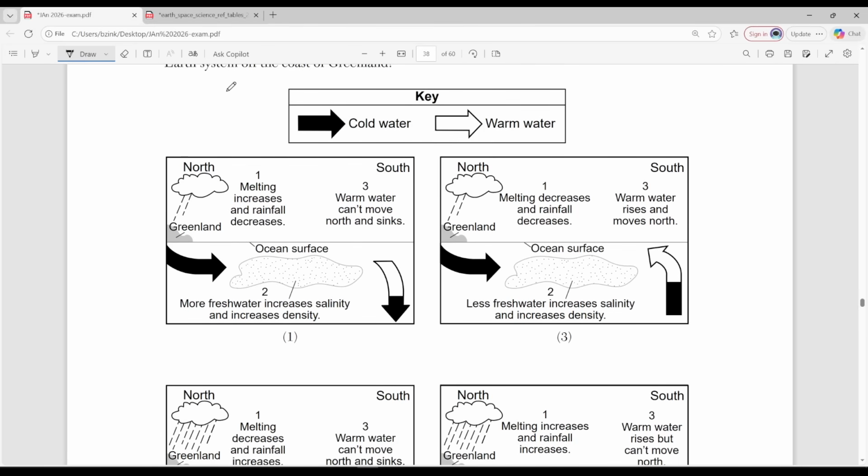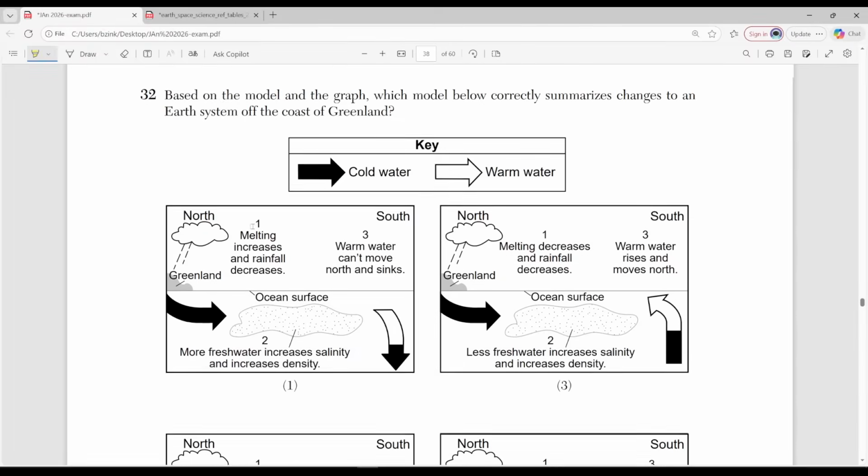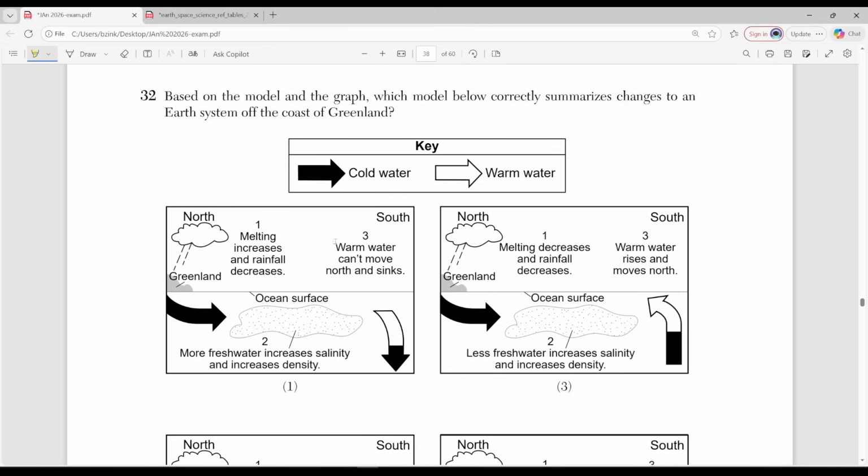Okay, let's just see what's different in them. So I'm just going to kind of gauge this. So north-south, melting increases and rainfall decreases. Warm water can't move north and sinks. More fresh water increases salinity and increases density.